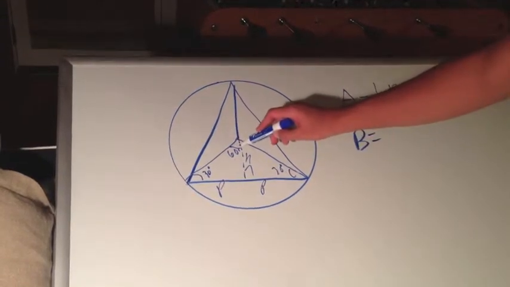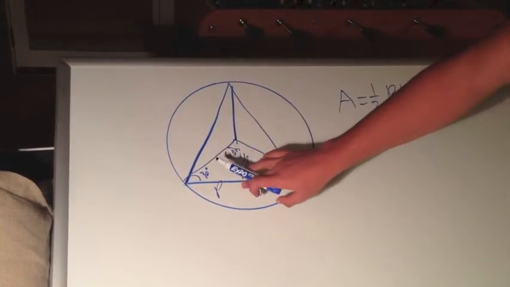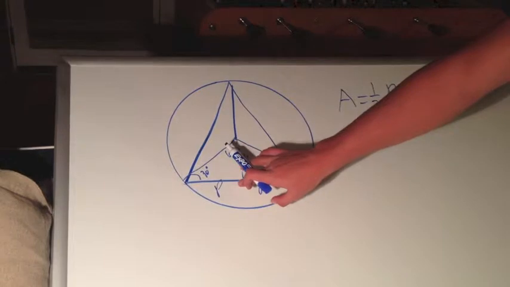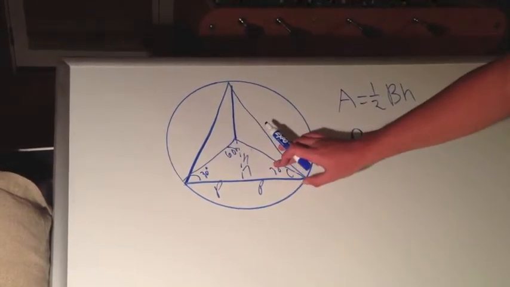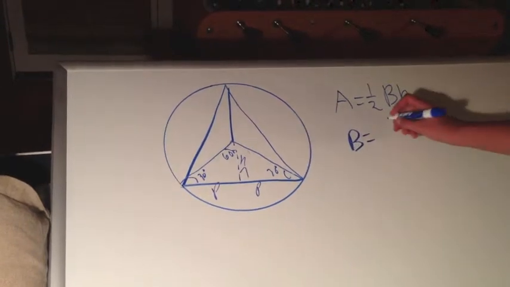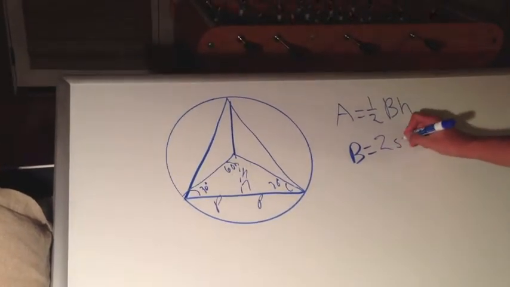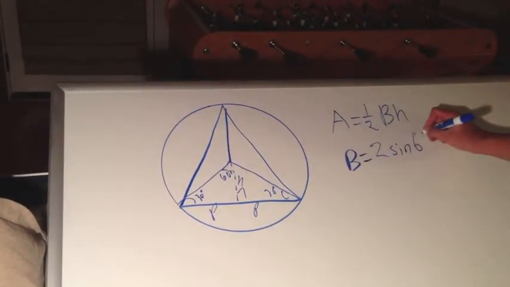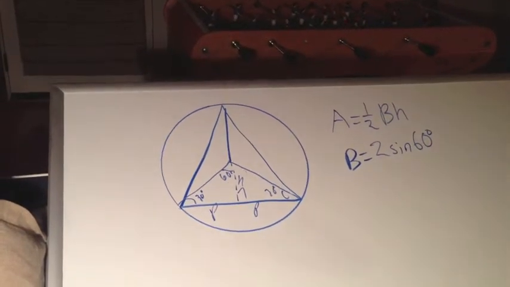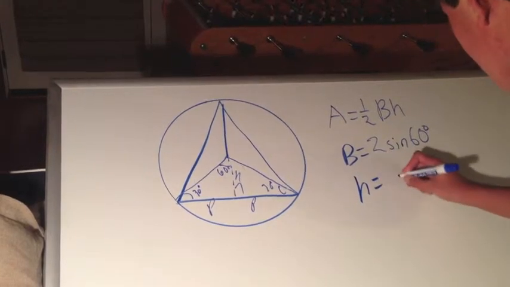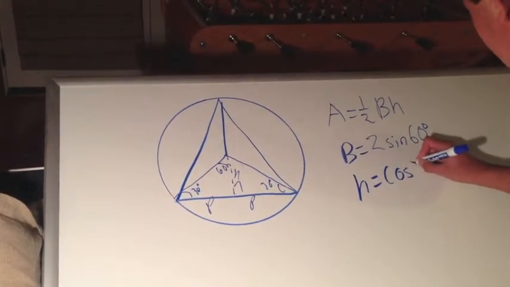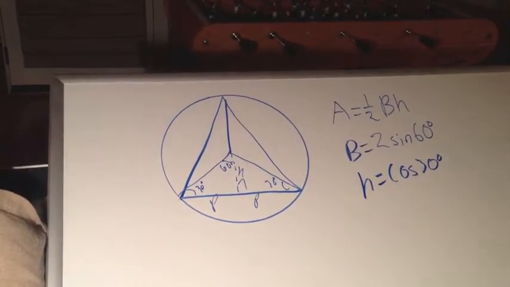Because if we just did the sine of 60 right here, we would just get the area of this right triangle. But since we want the area of this whole section, we want to do 2 times the sine of angle 60. And to get the height, we'll want to do the cosine of 30 degrees.